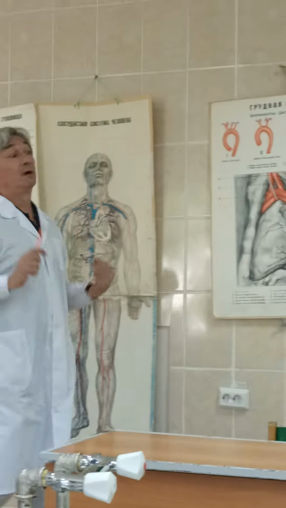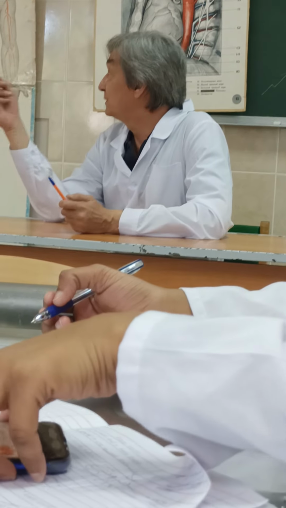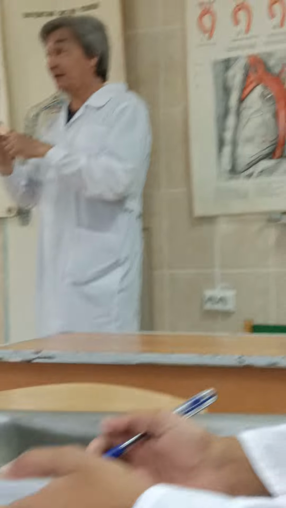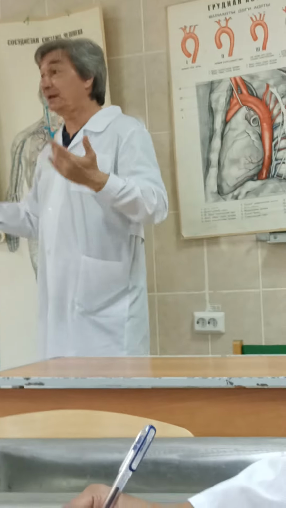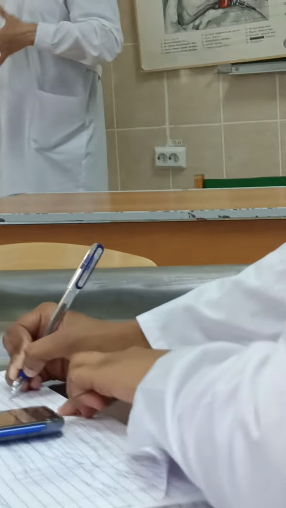And of course, the blood supply of the anterior wall of abdominal cavity, if you remember from our last classes, they're also supplied by internal thoracic artery, which continues into superior epigastric. So all these arteries have the anastomosis on the anterior abdominal wall.